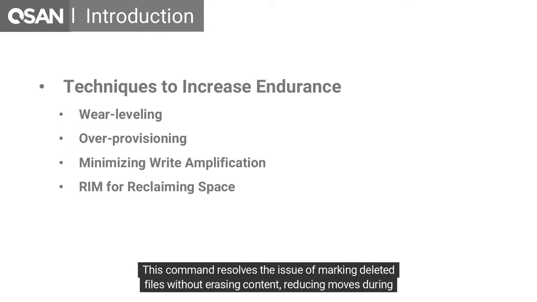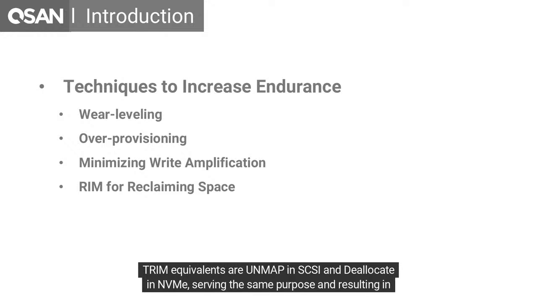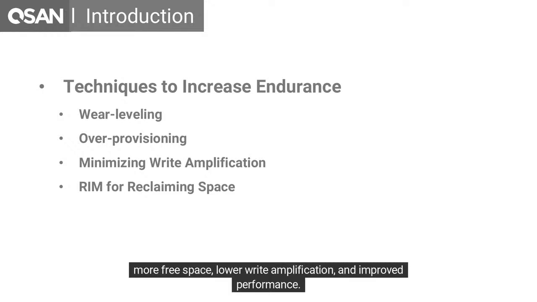This command resolves the issue of marking deleted files without erasing content, reducing moves during garbage collection. TRIM equivalents are UNMAP in SCSI and deallocate in NVMe, serving the same purpose and resulting in more free space, lower write amplification, and improved performance.